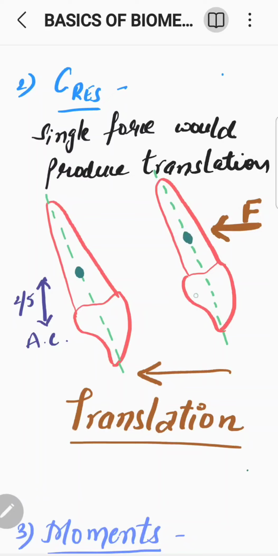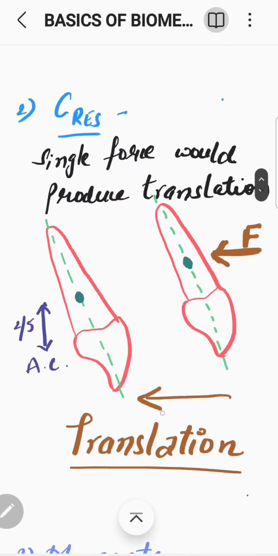In this case, the tooth is being translated or moved to another place with the use of this force application. That particular direction is called the line of action. Depending upon the line of action, the force can be pull type or push type.